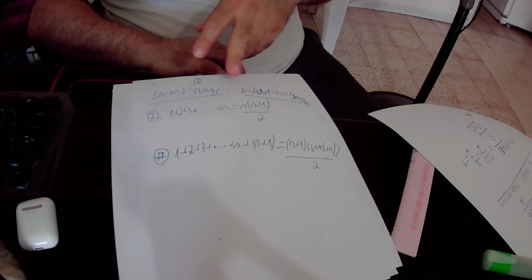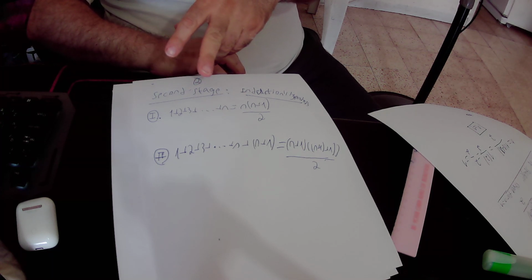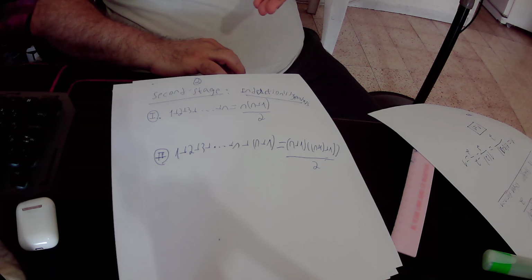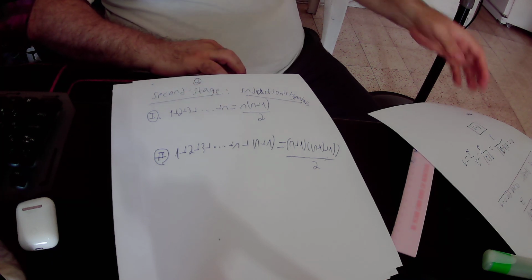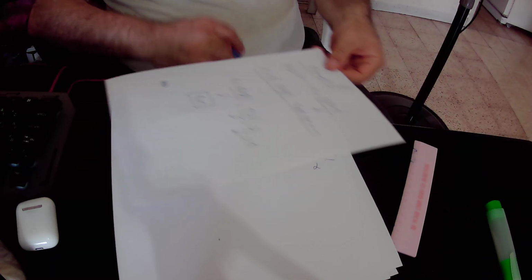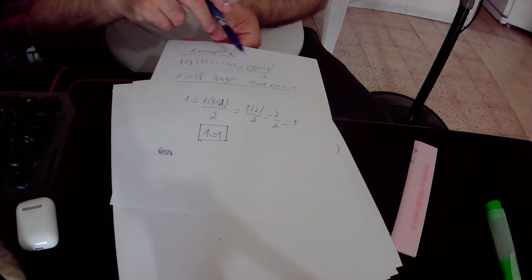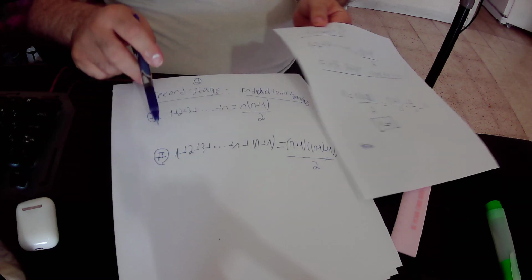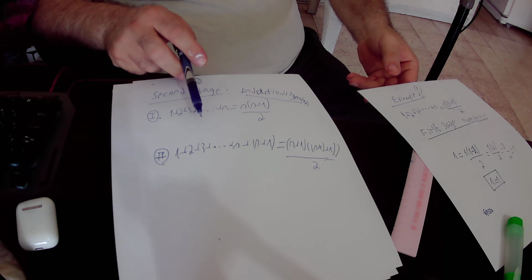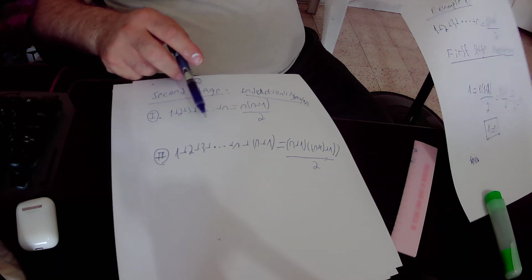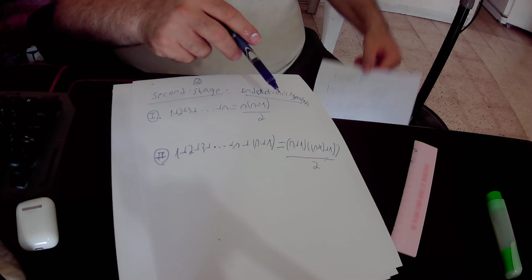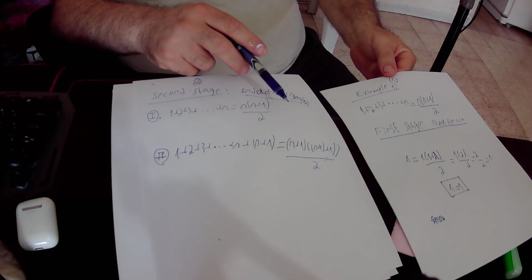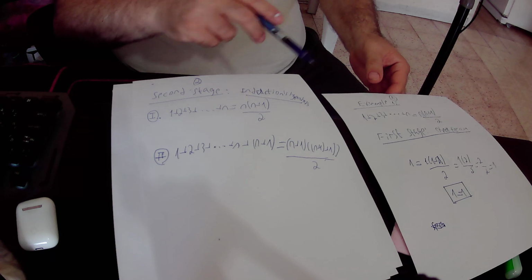We assume that equation 1 is true, and as we rely on this assumption, we will prove that this statement is true for n plus 1. That is to say 1 plus 2 plus 3 plus n plus 1 equals n plus 1 times n plus 1 plus 1 all divided by 2.